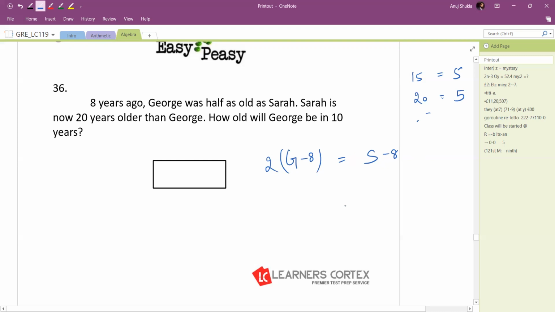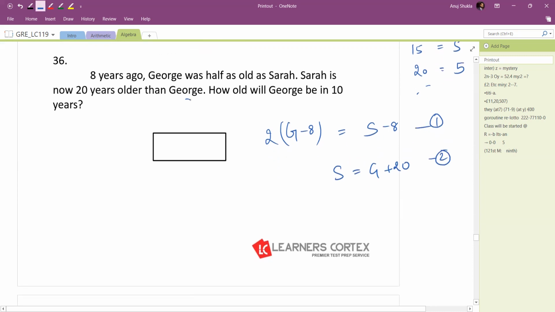And they are saying Sarah is 20 years older than George. 2 equations, solve it for George and Sarah. They are asking George in 10 years. So they are not asking the g value, they are asking g plus 10. How old will George be in 10 years?